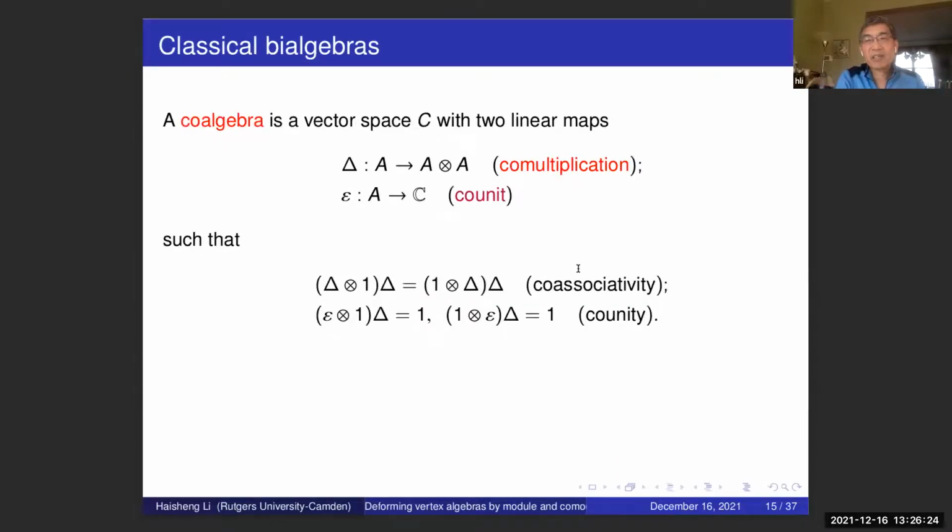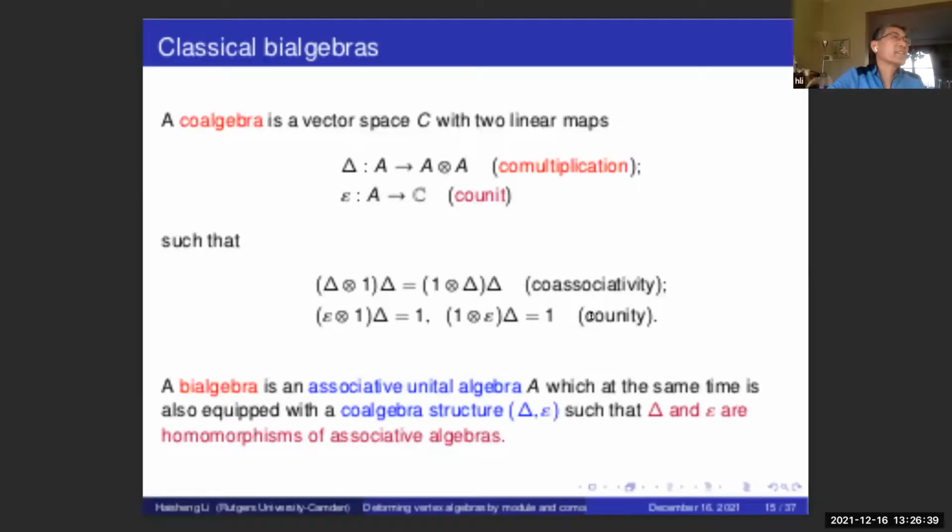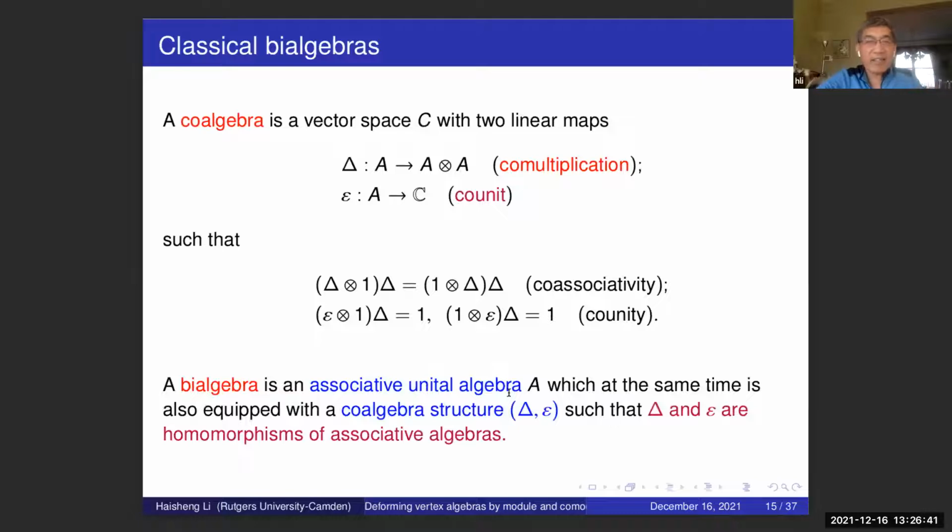Now I have something detailed for the classical algebra, so I will just quickly move. For coalgebra, of course, there are two structures, comultiplication and counit, and then the associative side. The key thing here is that we want a bialgebra.